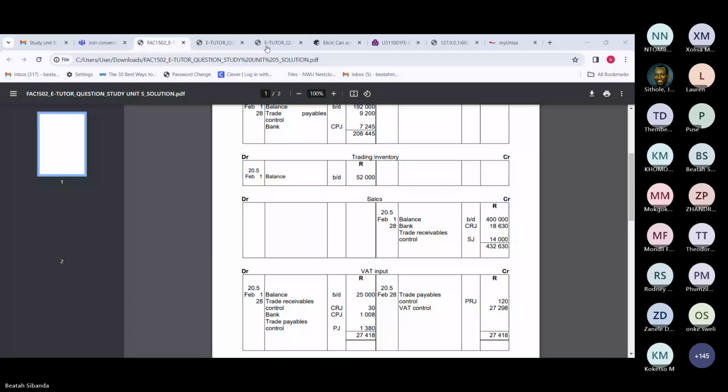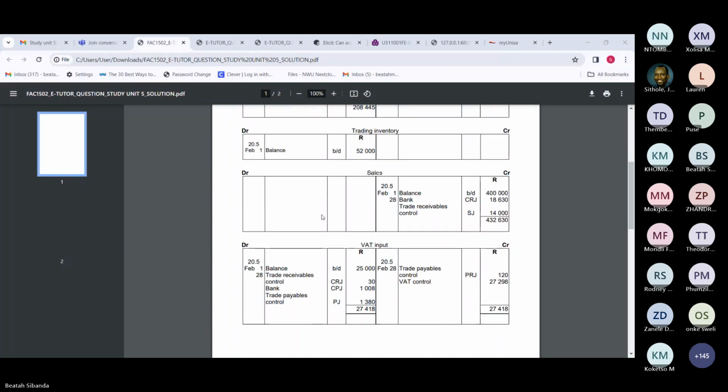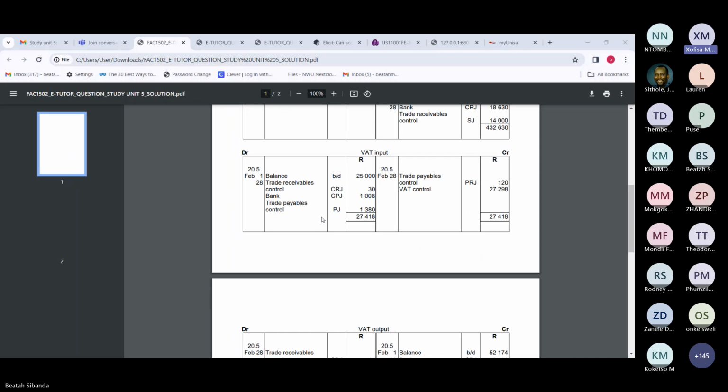Happy. All right, cool. And then we have the amount of 120, right? And that's from the purchases return journal, and that goes on the credit side. So essentially, if you want to call it a reversal of the input VAT of 120.